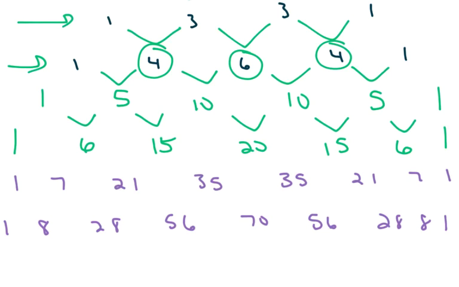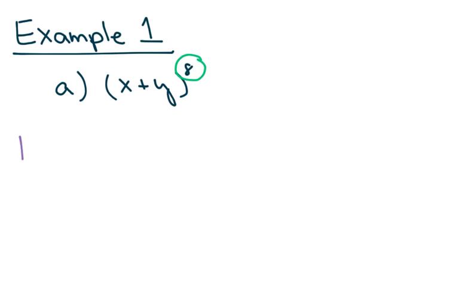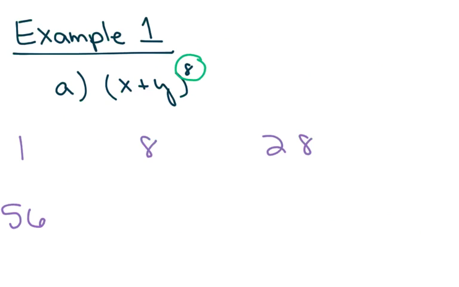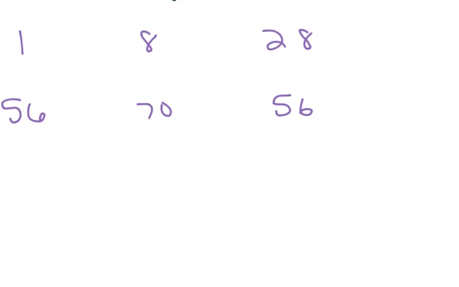So now I'm going to use these numbers on the next page, and I'm going to forget exactly what I wrote here, so I'm probably going to have to go back and forth. So the first coefficients are 1, 8, 28, 56, and then it was 70, 56, 28, 8, and 1.